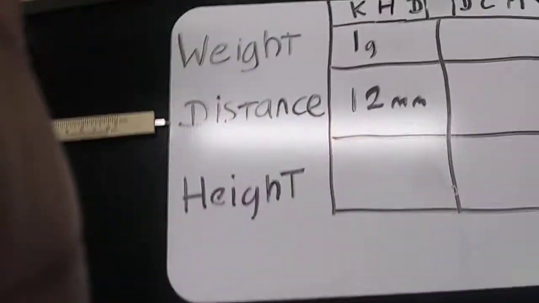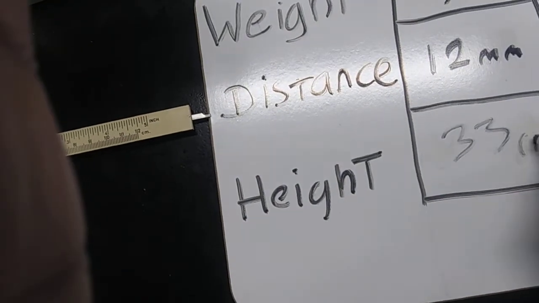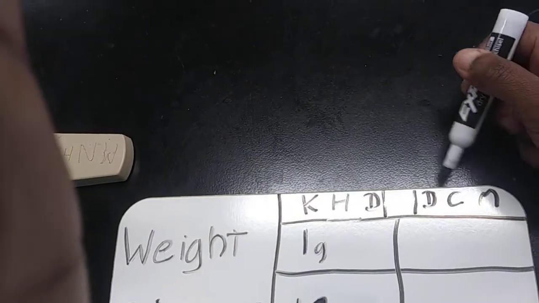So what we have to do then, for the height portion on our table, is take 33 centimeters and of course convert that over into meters.